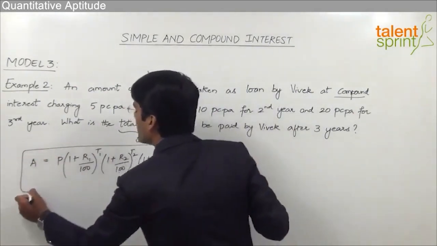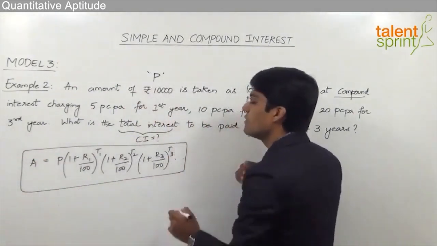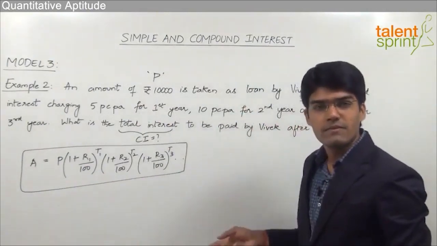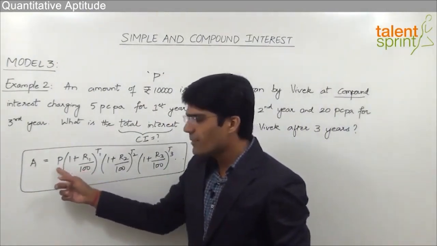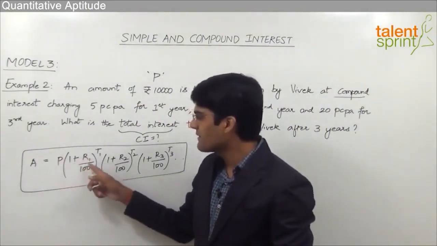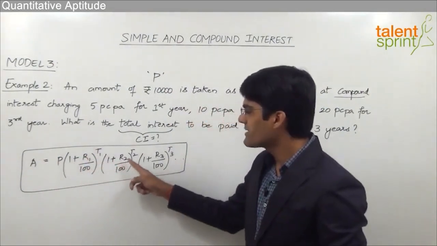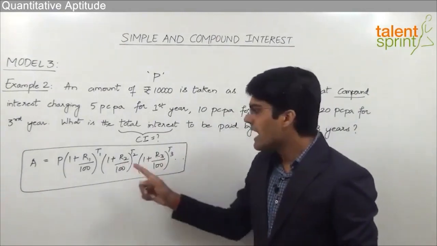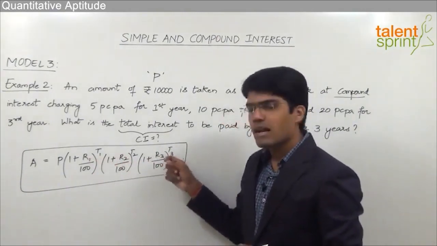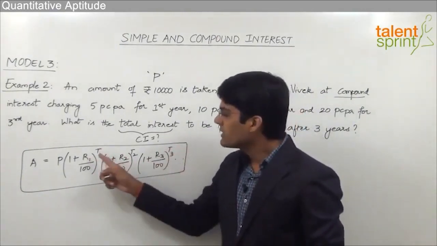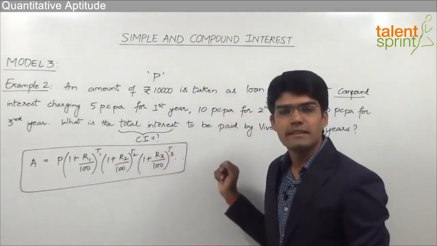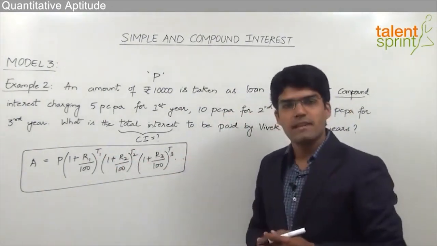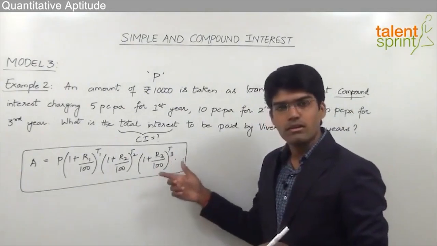So this is how we can find out the total amount to be calculated for varying rates of interest. Since the principal is common, it is taken out. We have 1 plus R1 by 100 power T1, 1 plus R2 by 100 power T2, 1 plus R3 by 100 power T3, where R1, R2 and R3 are the different rates of interest for different periods T1, T2 and T3.